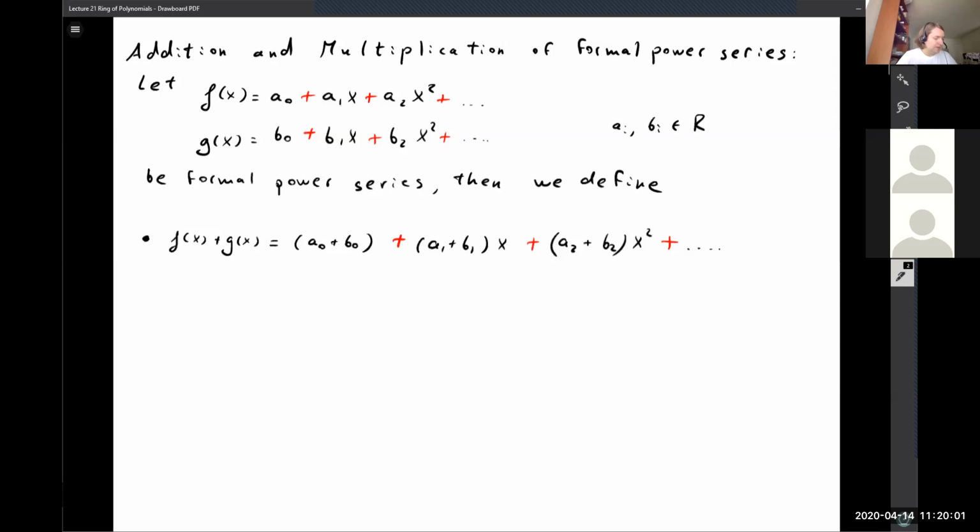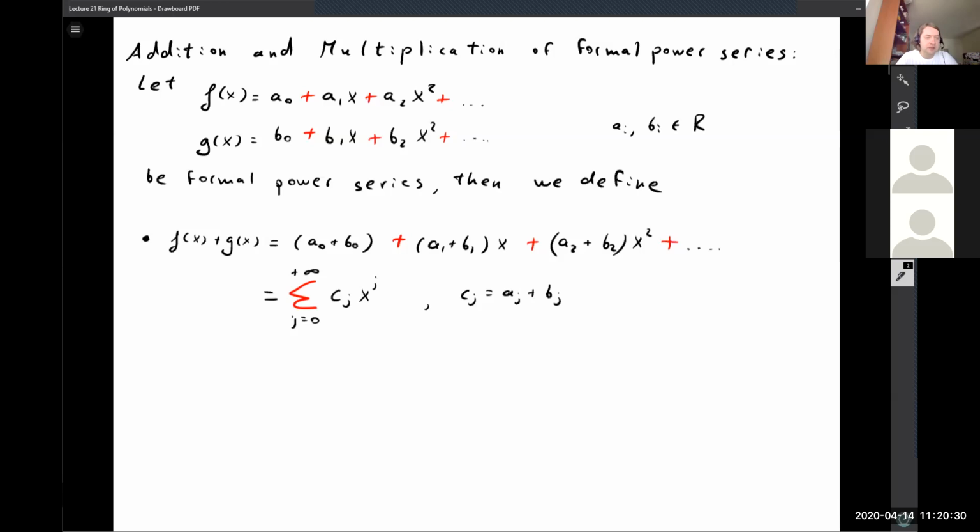So in other words, this whole thing is the formal power series, the formal sum from j equals 0 to plus infinity with coefficients c_j, where this c_j is nothing but a_j plus b_j.